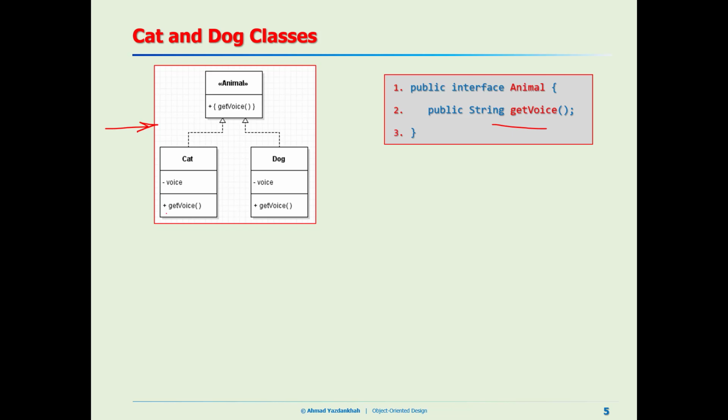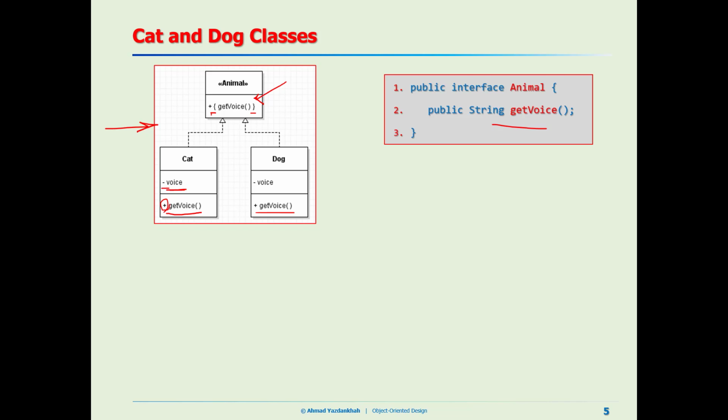As you see, we have a public get voice on both of them, a private instance variable voice, and in the interface we have an abstract method, get voice. You see, we put the abstract method inside curly braces.